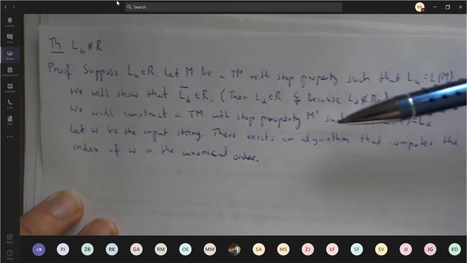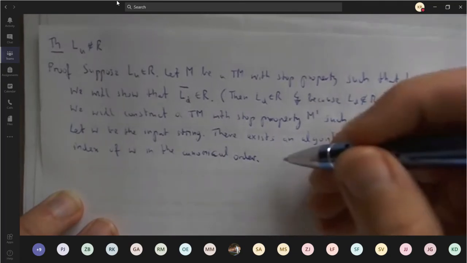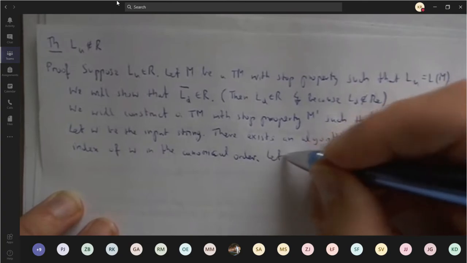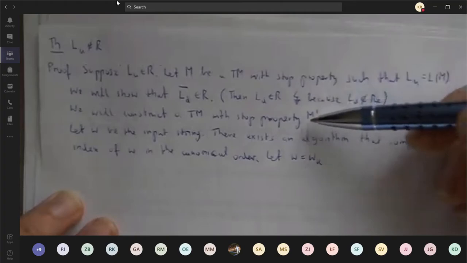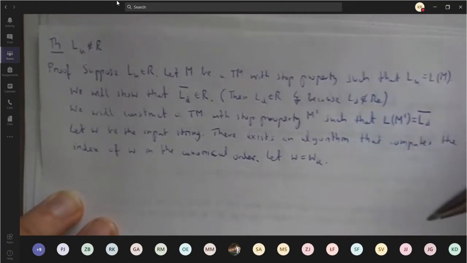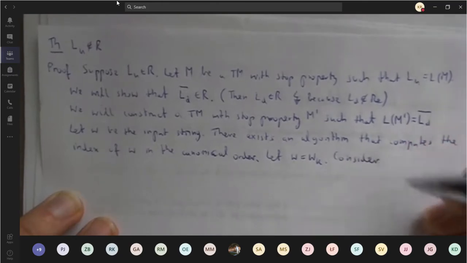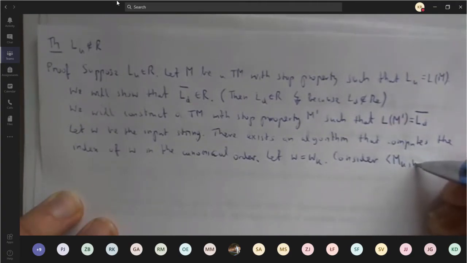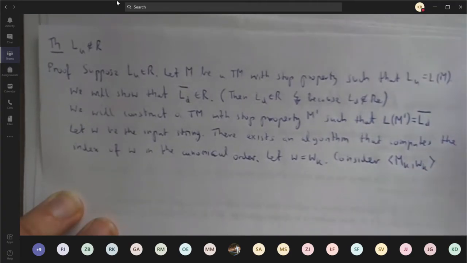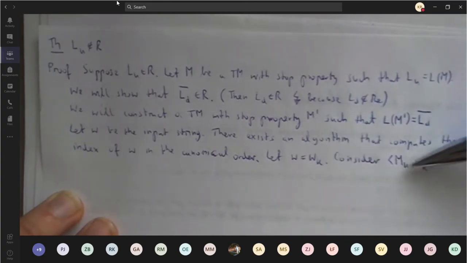It turns out that, for example, it is K. I will denote this index with K. So the first thing that M prime does is find this K. And now consider the string M_K. This is W_K, it is W, so we have this string, and this is the same string. So this is the string ww, in fact.